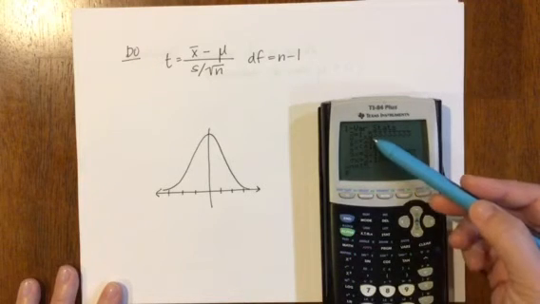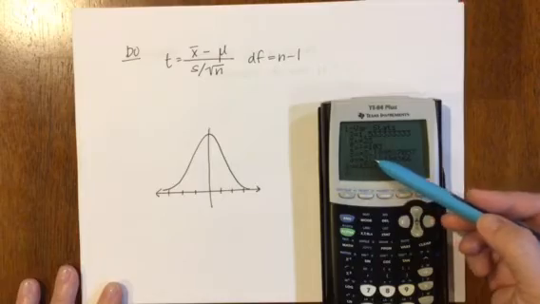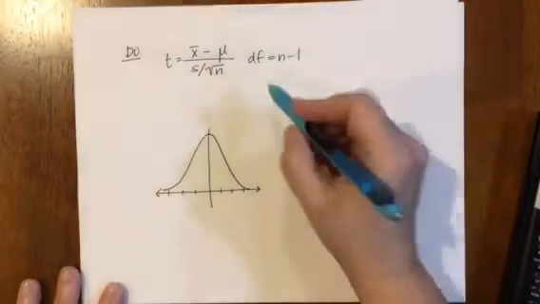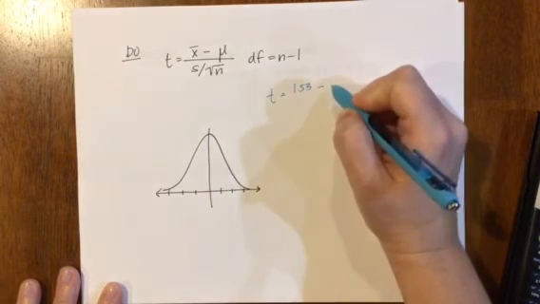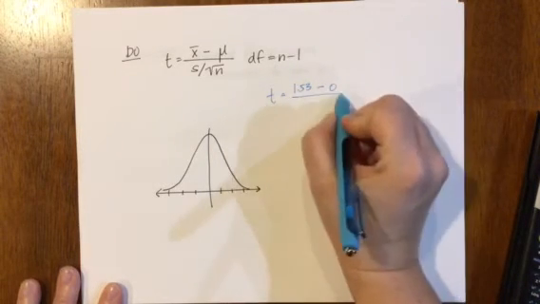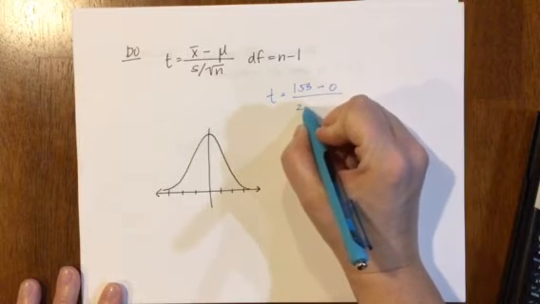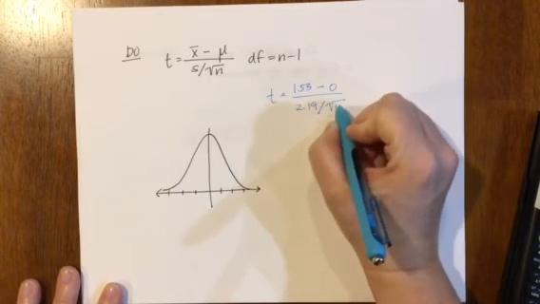So there I've got my x bar, I've got my standard deviation. So if I wanted to use that, I would have 1.53 minus mu, which we defined earlier, is 0, over 2.19 over the square root of 15.